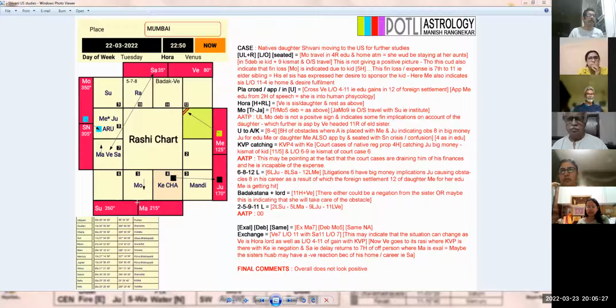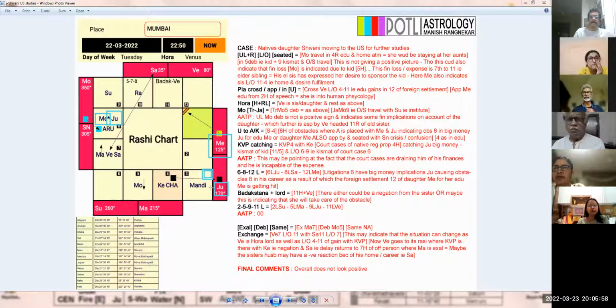Where is Mercury seated? This Mercury is seated in the Udayam, and in the inner chart Mercury is seated here, the 8th house. So now Mercury is seated in the 8th house of obstacles, along with Jupiter. Jupiter is seated in the Rashi of Mercury, Saturn.